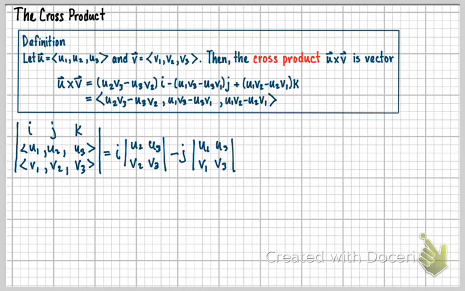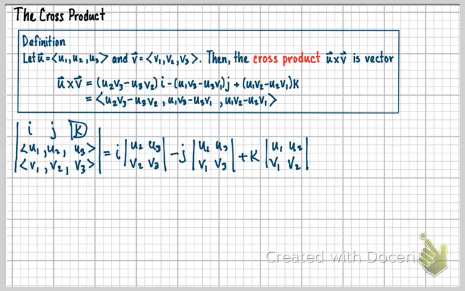And then the last one, I'm going to take my K here, plus K, and then I'm going to have this here as my matrix. So that's going to be U1, U2, V1, V2. And that's going to be my third one.